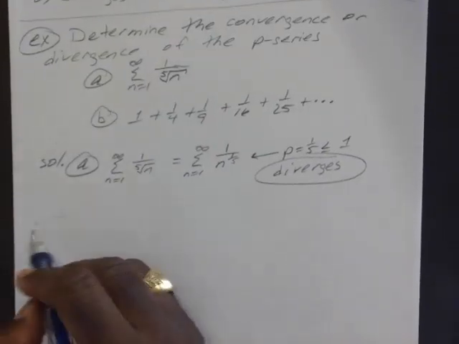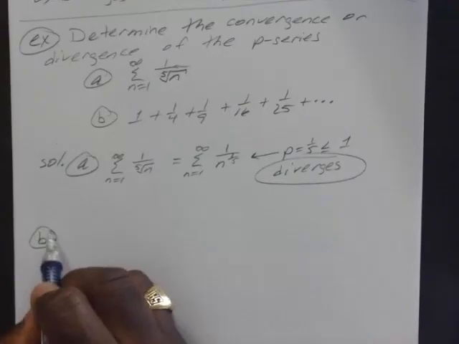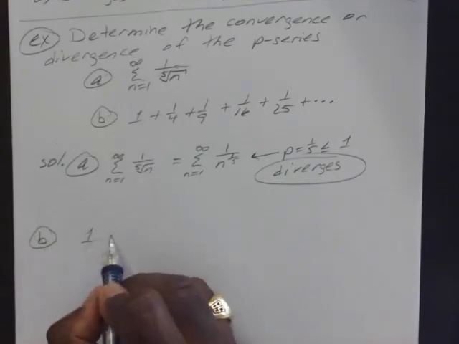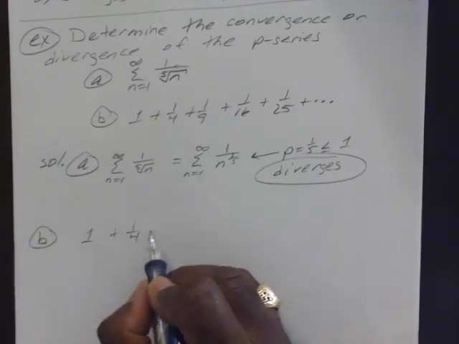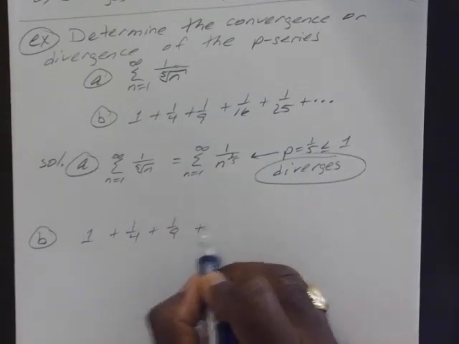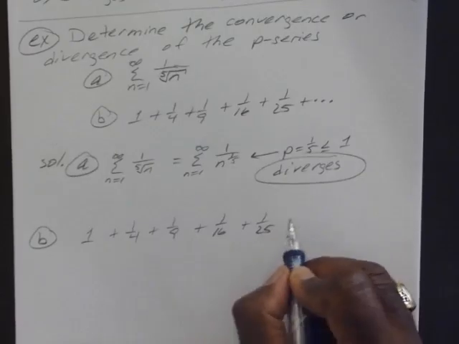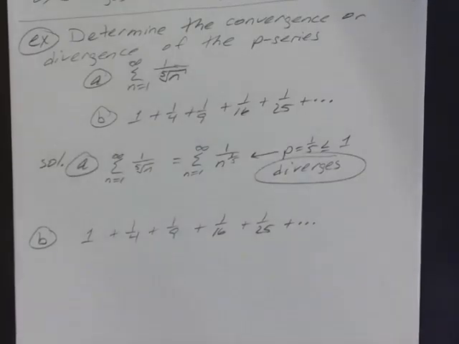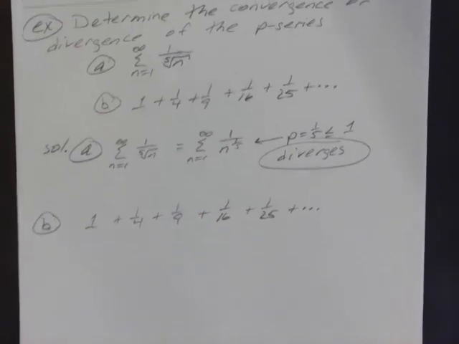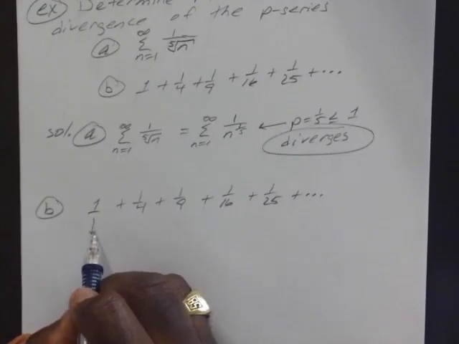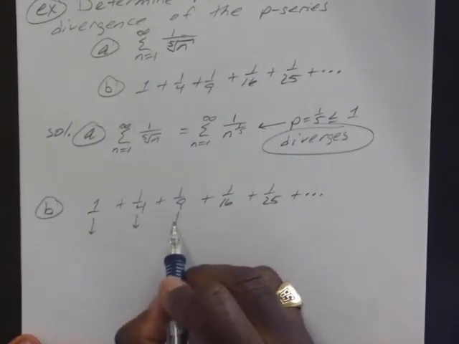Okay, now for problem B, we have 1 plus 1/4 plus 1/9 plus 1/16 plus 1/25, and it keeps on going. Well, we can rewrite each one of those terms.